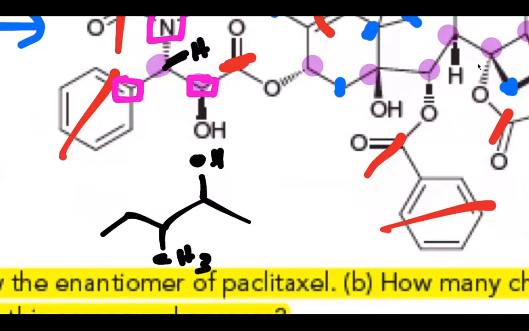They're just straight lines. But this is still a chiral center right here. And so is that. Even though it's not wedged, the wedge and the dash give you an idea about what the configuration is, whether it's R or S. But it doesn't have to be drawn as a wedge or a dash in order to be a chiral center. When it's not drawn as a wedge or a dash, what that means is that we just don't know whether it's R or S. It's undefined.